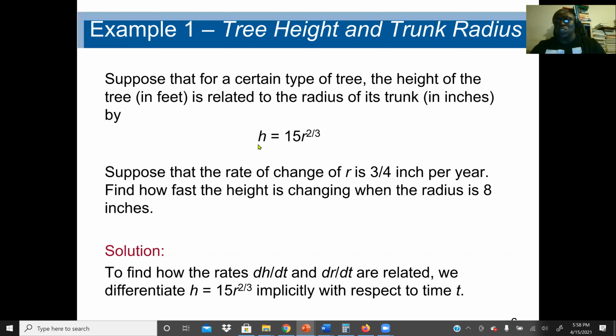What we are trying to say is that h varies with r, but both h and r vary with time, or they are related to time. So we are going to use implicit differentiation to find dh/dt and dr/dt.